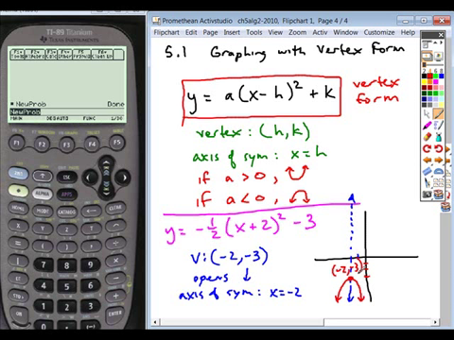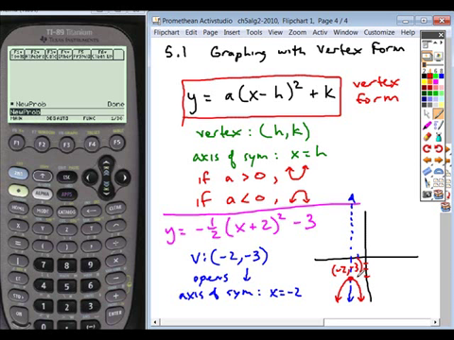Now if I ask you to find some other point, you can do that. The easiest thing to do would simply be to find the point one to the right or one to the left of your vertex. In this particular case, I'll guide you through, but if you have to identify points, you might want to take the time to enter this in your calculator.